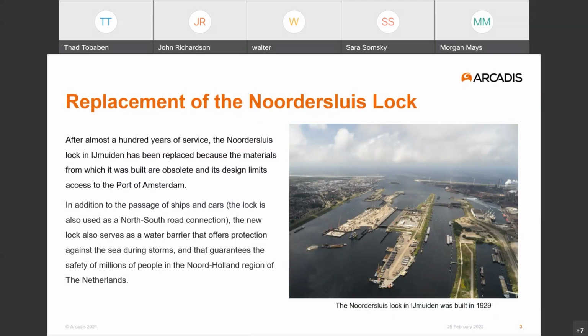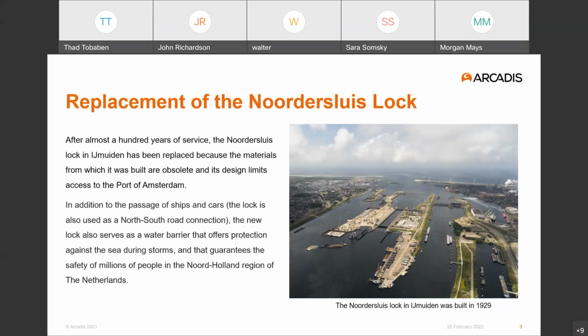And I won't attempt to pronounce the name of the lock properly, but the North Lock was located at Ijmuiden, and it was decided that it should be replaced because the materials from which it was built were now obsolete, but perhaps more importantly, the size of the lock was limiting the size of the vessels that could pass through it and ultimately end up at the Port of Amsterdam.